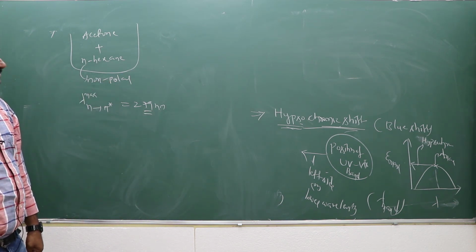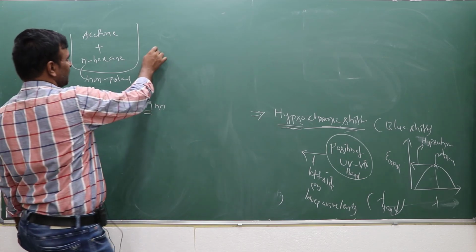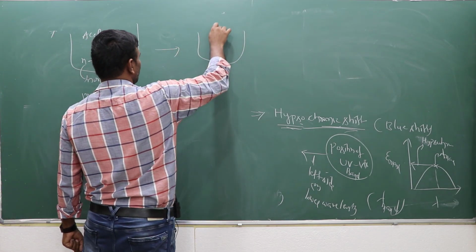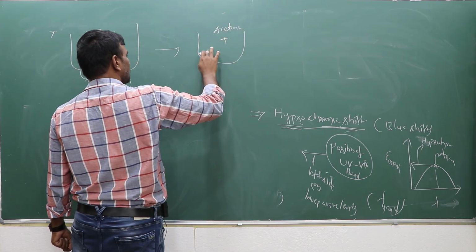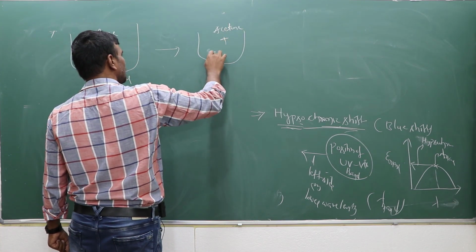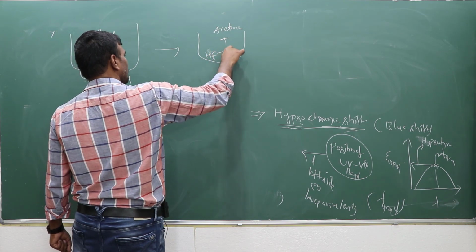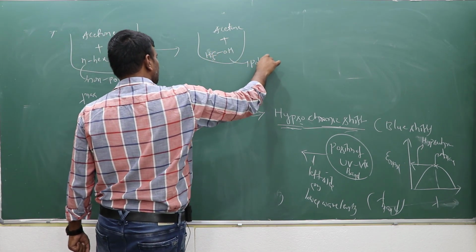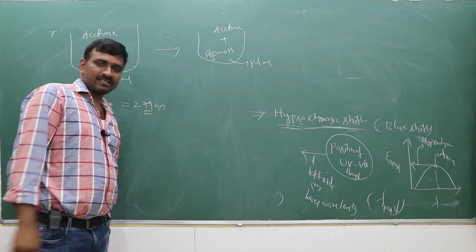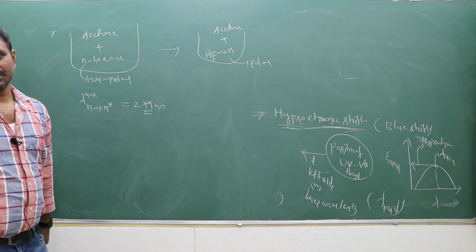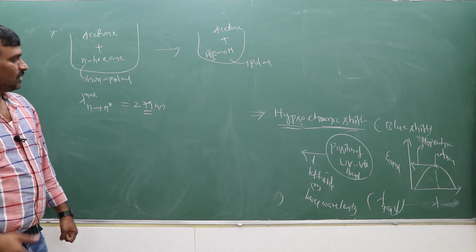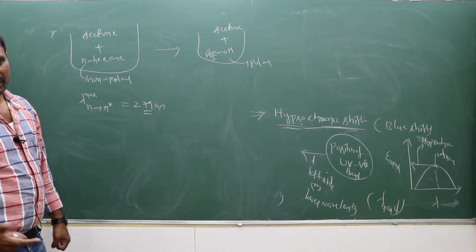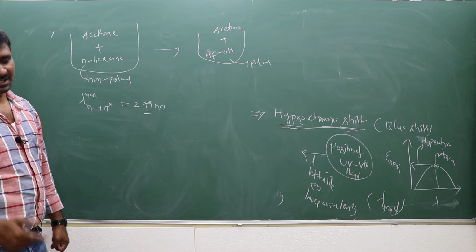If the same acetone is taken in a polar solvent, suppose methanol, due to some interactions, later I can explain the solvent effect on the absorption maximum, the lambda maximum position, and the factors.